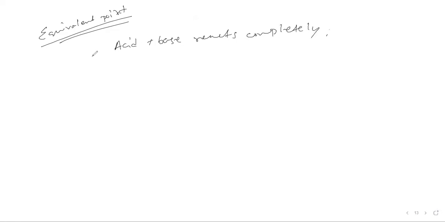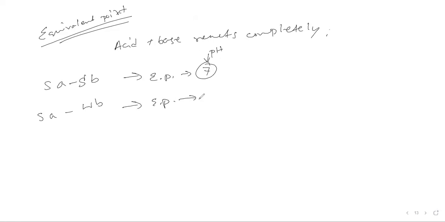Now, for strong acid and strong base, the equivalent point, let me write it short as E.P., the pH value is going to be 7. And for strong acid and weak base, the equivalent point is going to be 5.